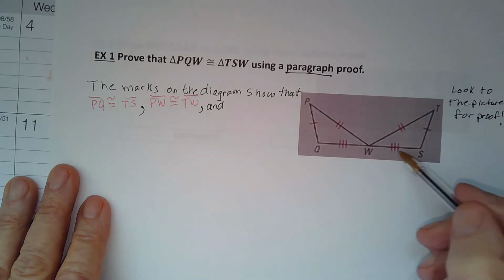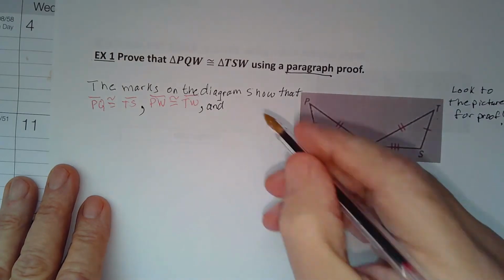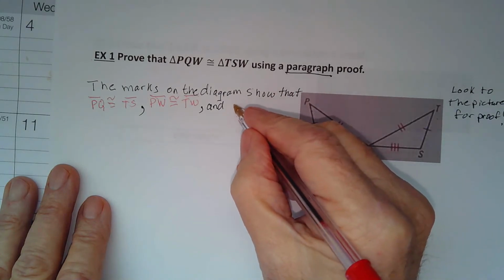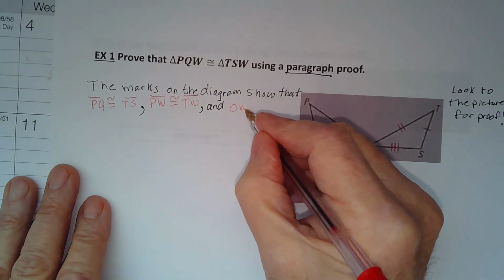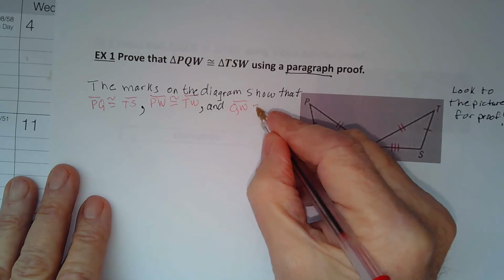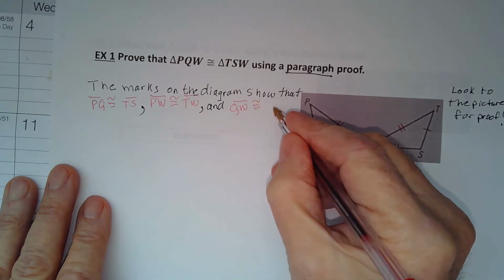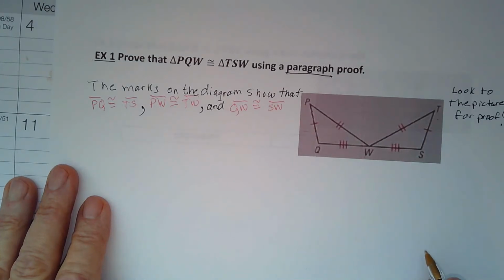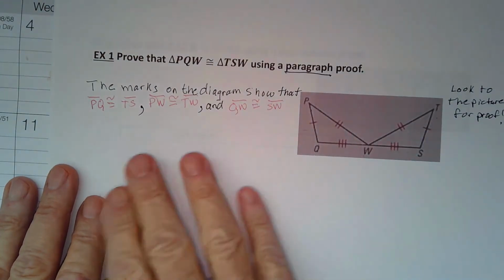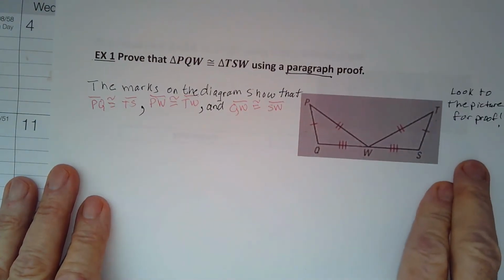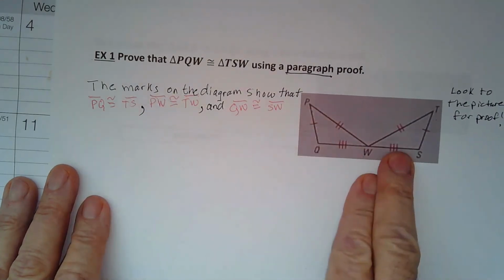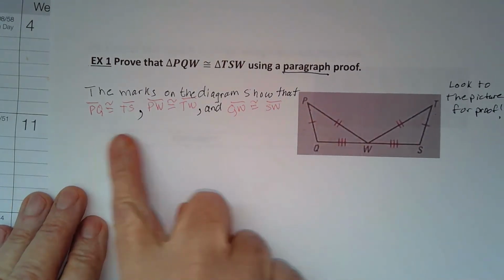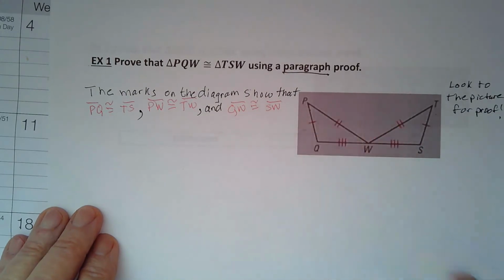Now that's the way I would have expected it described. So QW is congruent to SW. There you go. So that's what it's showing. All we did was look to the picture and we wrote down what we saw here. That's it. That tells us basically the statement, kind of like the statement in a two-column proof.